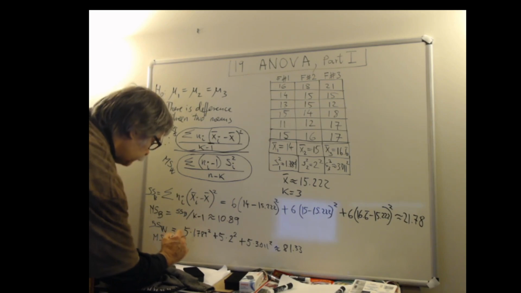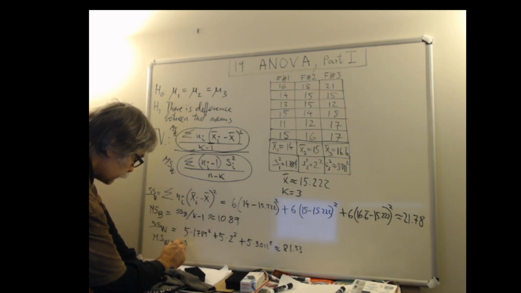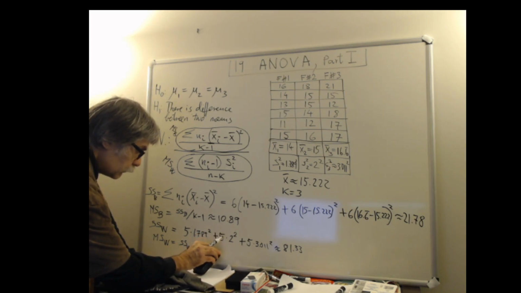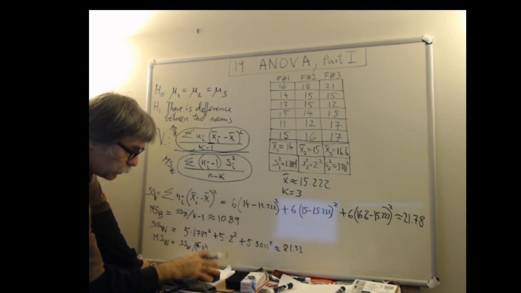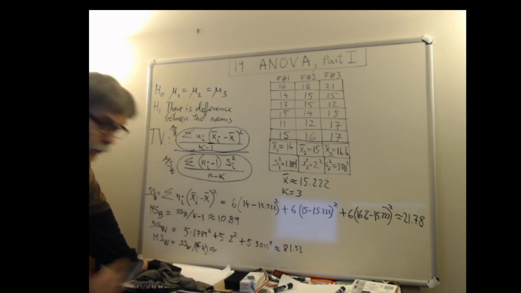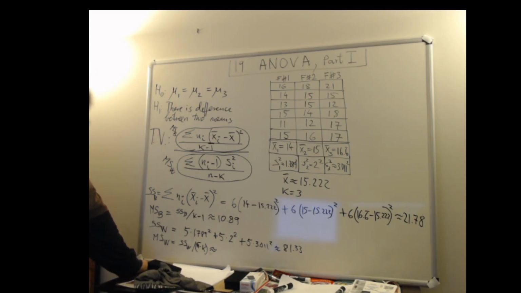This number here, sum of squares within the group, divided by n minus k. That would be 81.33 divided by 15. I got something like 5.42.